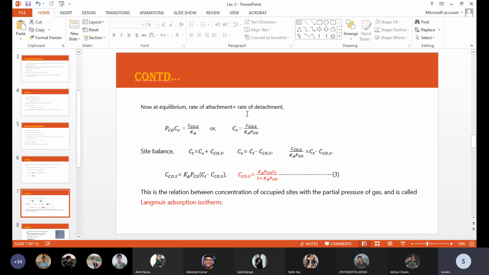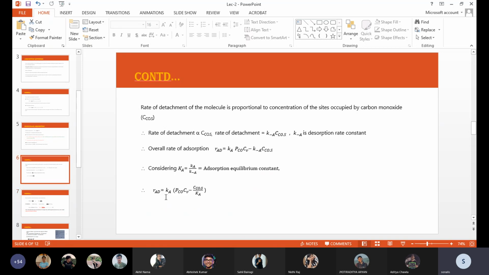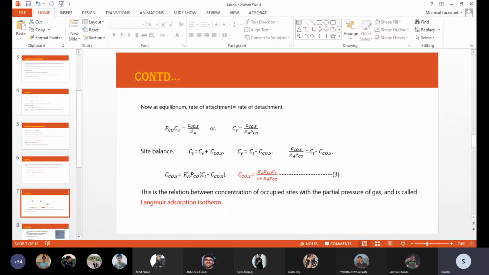The rates are there, but they are equal. The rate of attachment is ka PCO CV and the rate of detachment is k of minus a C_CO·S. These are equal, and this is the equation.